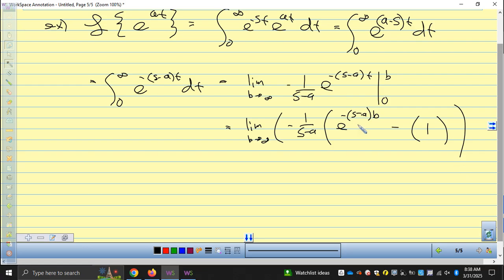This limit as b approaches infinity is going to go to 0 if s minus a is greater than 0. So we get negative 1 over s minus a times negative 1. So we get 1 over s minus a for s minus a greater than 0. And that tells us s has to be greater than a.